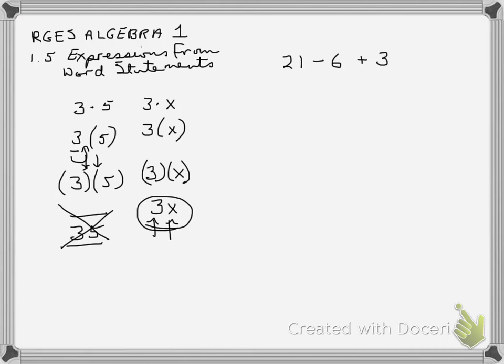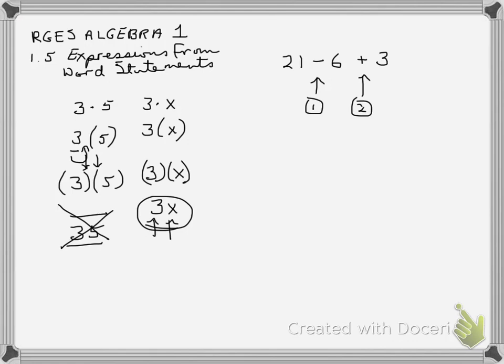And the question is, do I need any parentheses? And the answer is no. Because what would be the order of operations? First I would do my subtraction, and then I would do my addition from left to right.